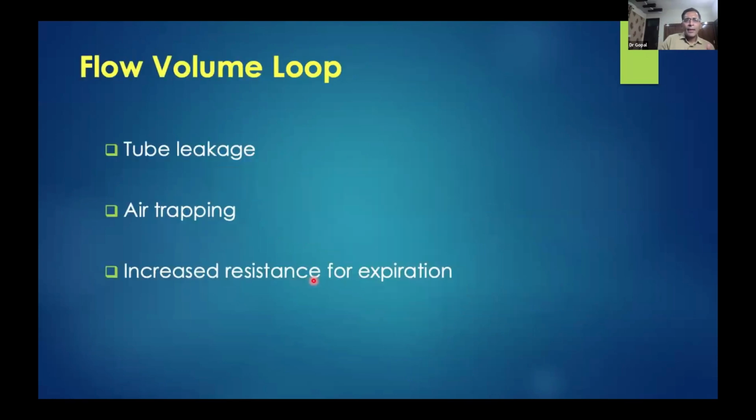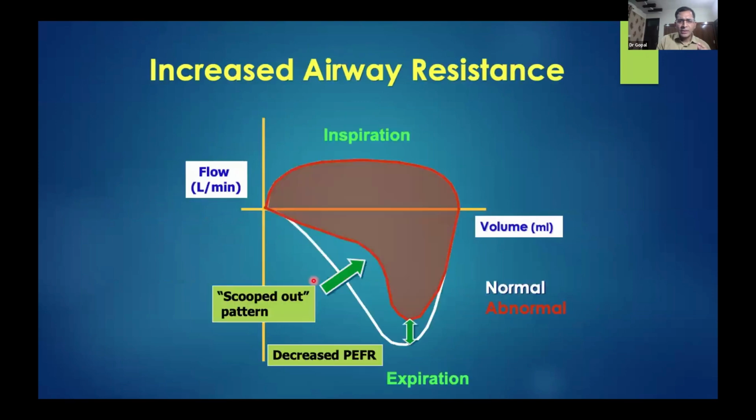Flow volume loop will again show resistance for expiration, as discussed in the flow time graphic also. I'll show examples of that. So inspiration here, ideally the curve should move this way. But if you see, the peak expiratory flow rate will come down and there will be a scooped out pattern or ski slope pattern.